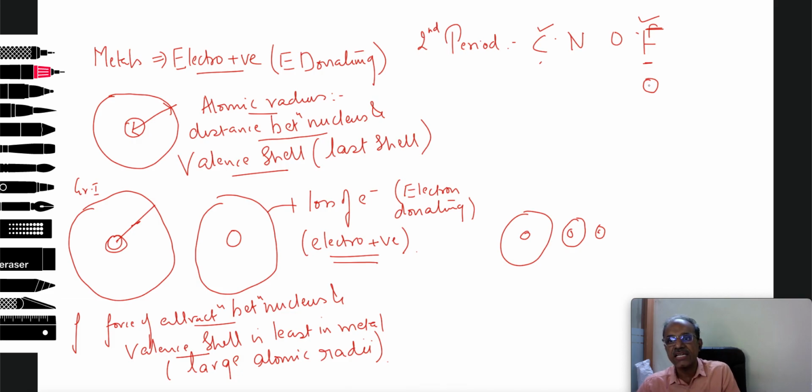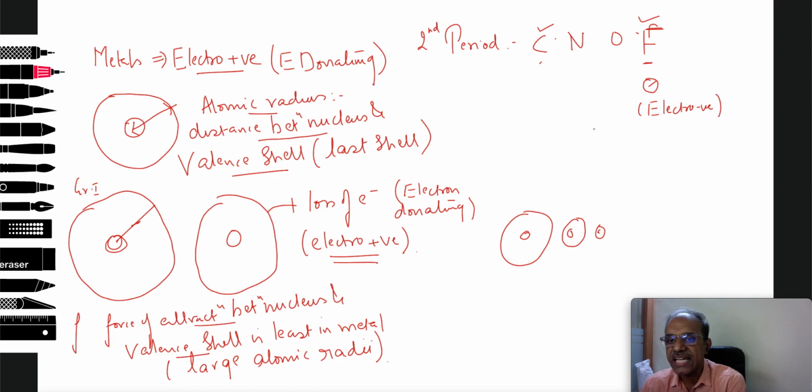Obviously, then the distance between nucleus and the valence shell will be very small and the force of attraction will be very strong. Obviously, if the force of attraction is strong, then the valence electron will not easily leave. Right? Then there will be no flow of electrons. That means, since the distance is very small, therefore it is electronegative in nature.